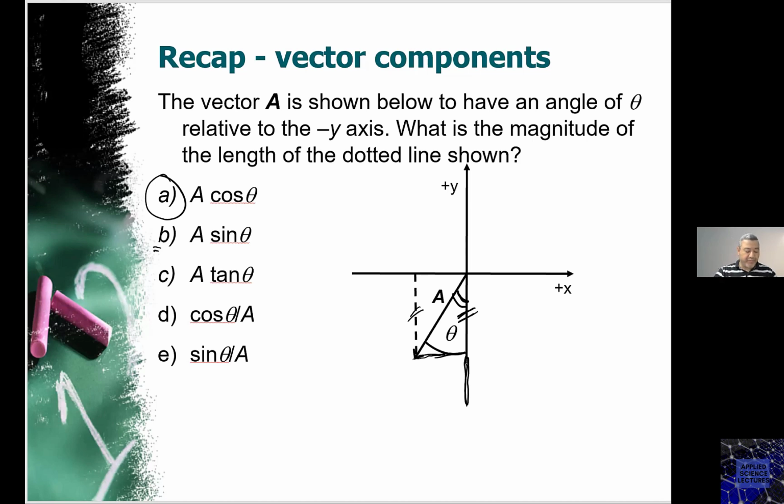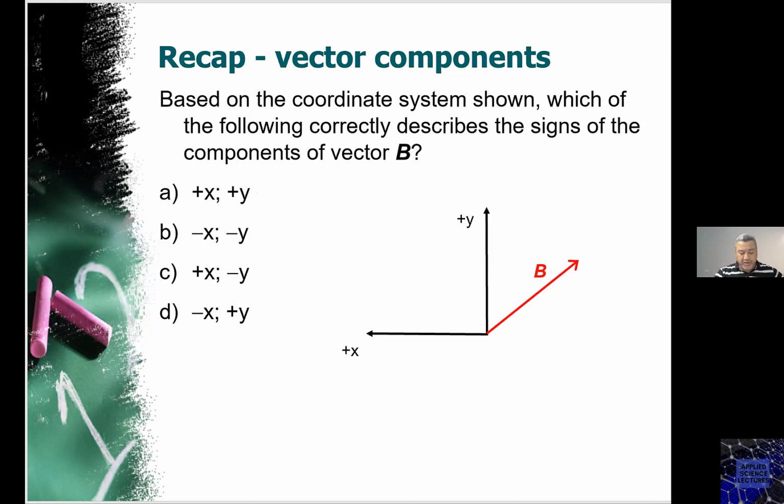Thank you. You're welcome. Okay, so next question is, based on the coordinate system shown, which of the following correctly describes the signs of the components of vector B? Is it A, B, C, or D? Is it A? It's D. Is it B? Well, let's look at the y component.